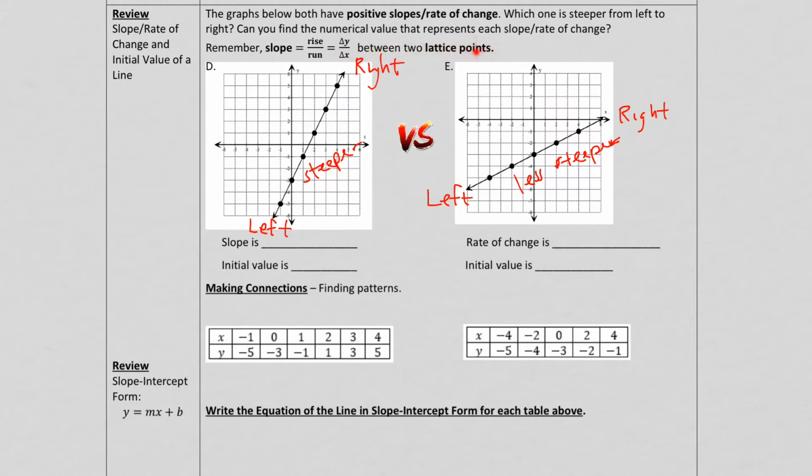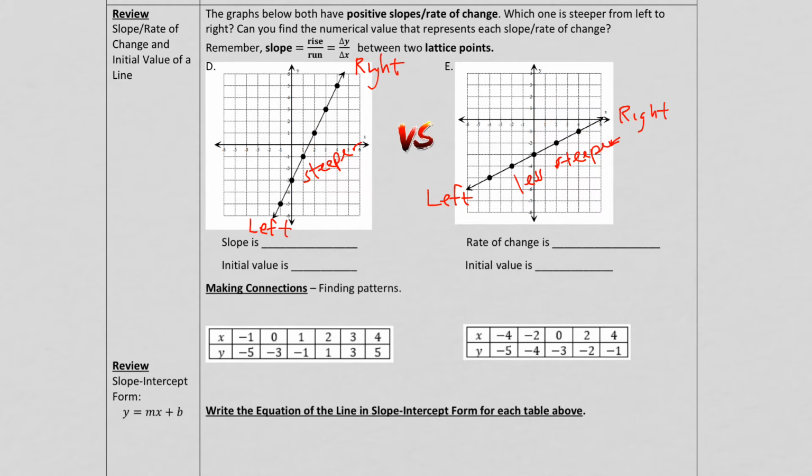Lattice points are points that we know have integer coordinates. For example, this point here that I'm pointing at is a lattice point. It's the point (3, 3). If I were to put a point here on the line, that's not a lattice point because I don't quite know where it's crossing. It's like 3 and a little bit. So lattice points are points that we know cross at integers.